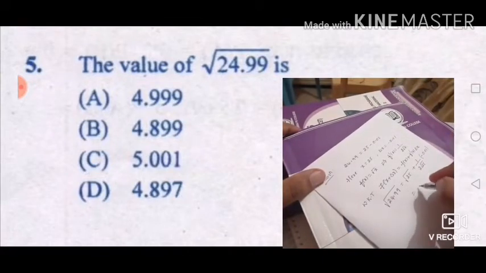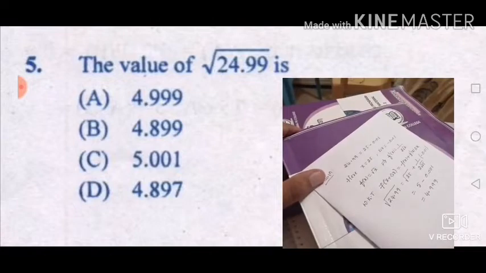Now root 25 is 5, and the denominator becomes 10. When I divide, I am getting 0.001. So the answer I got is 4.999. Hence option A is correct.